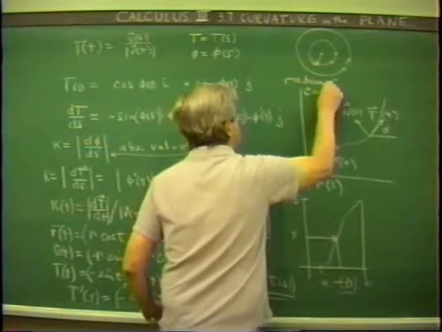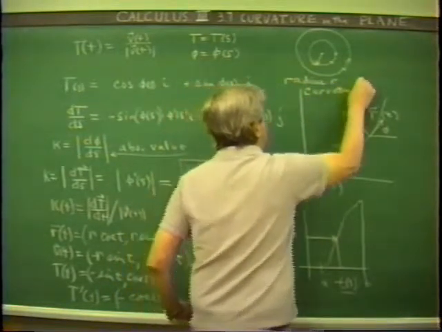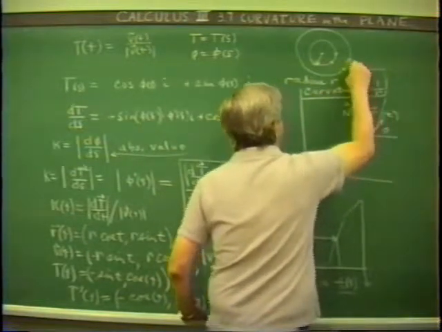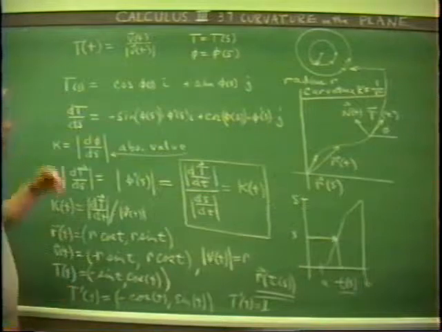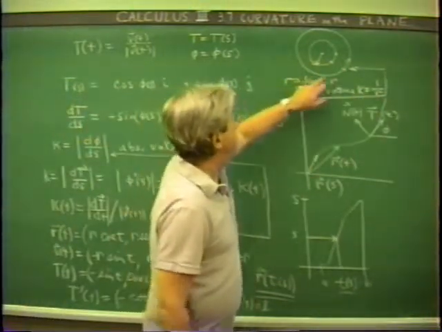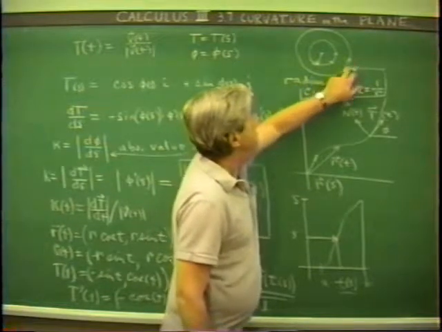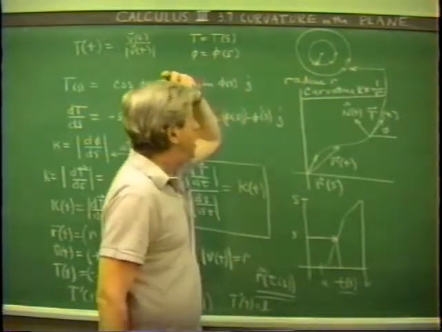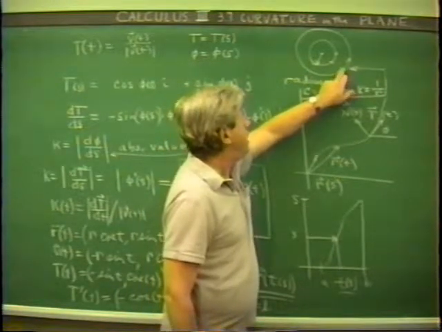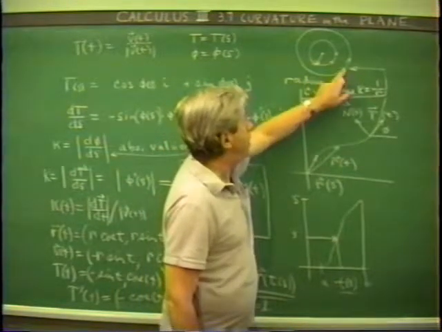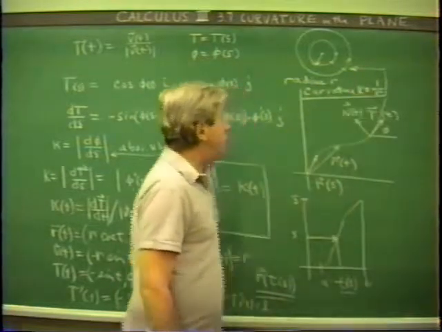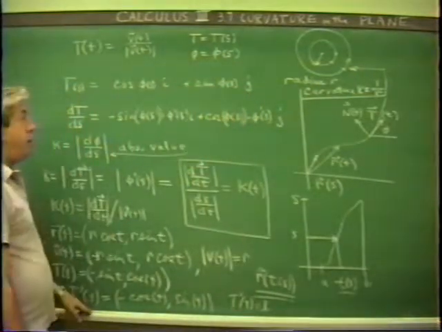So a circle of radius r has curvature kappa given by 1 over r, which agrees with the initial idea, namely that the bigger the circle, the smaller the curvature should be. Traversing this at a unit rate of speed would result in a greater sense of curvature if the circle was small than if the circle was big.